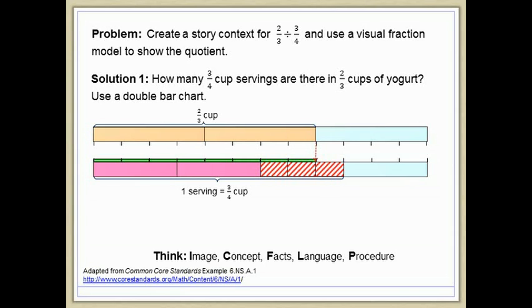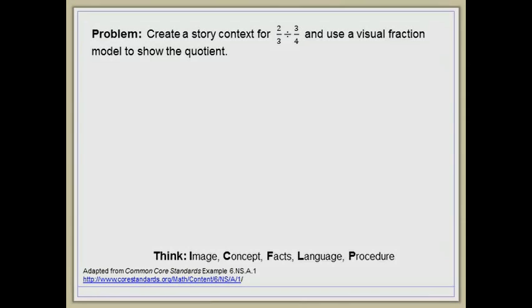In the procedure, you'll never see the unit 1/12. It all disappears, but it is sitting there underneath this problem, helping to define how to do it. So we end up with 8/9 of a serving in 2/3 of a cup.